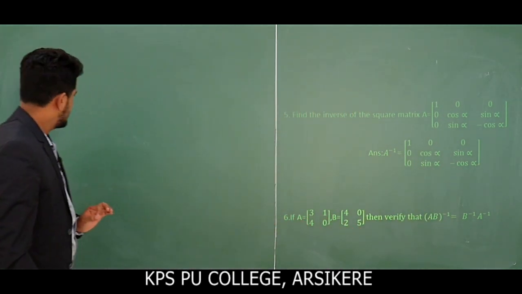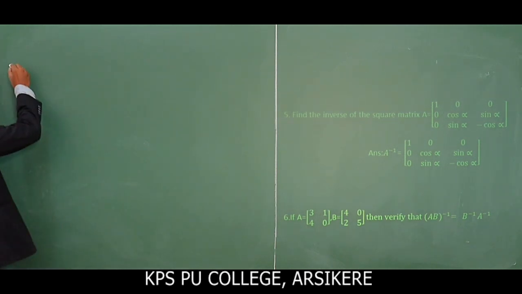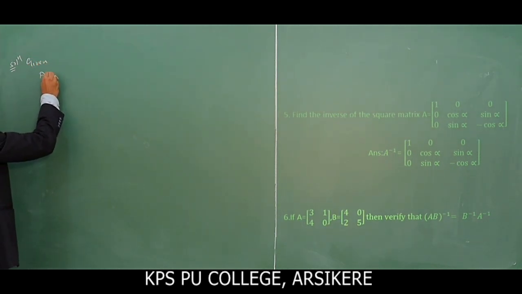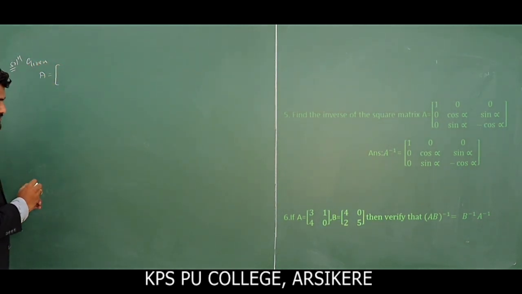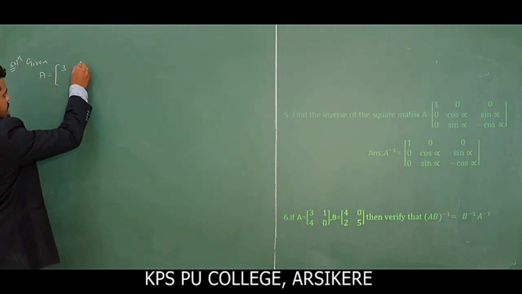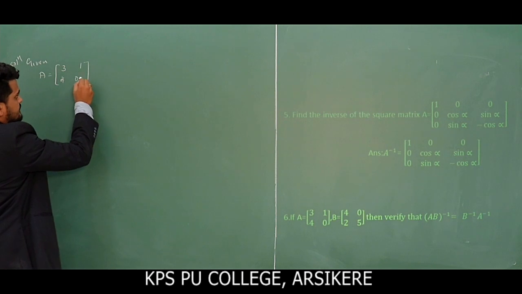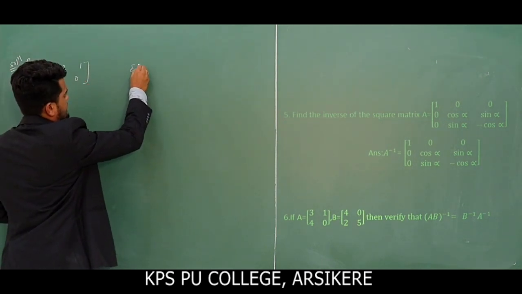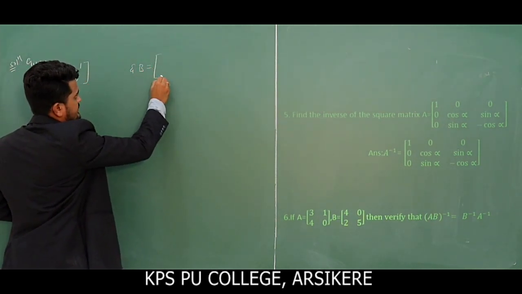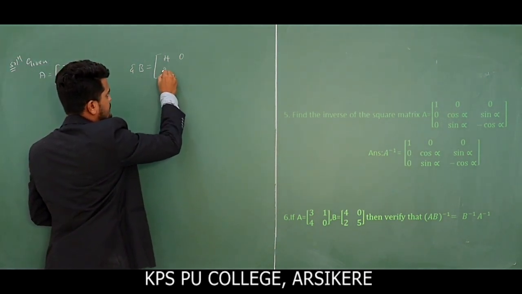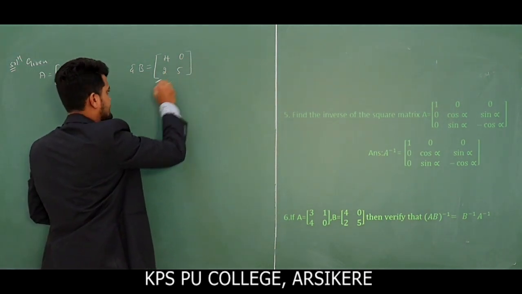Okay, solution. So given matrix A is equal to 3 1 4 0, and matrix B is equal to 4 0 2 5.